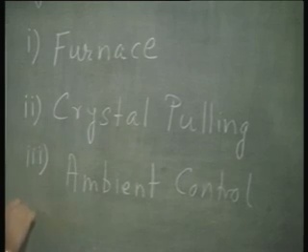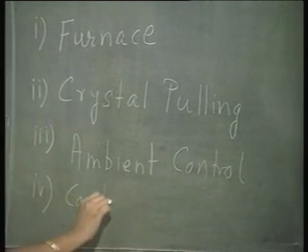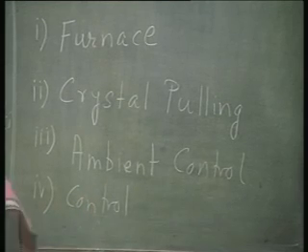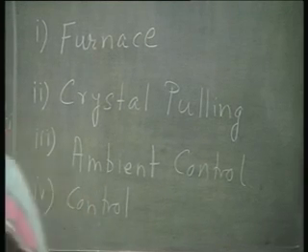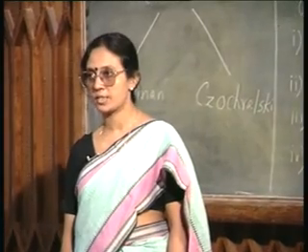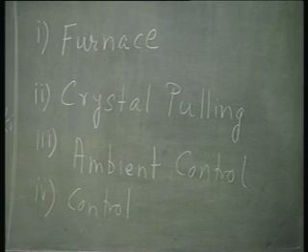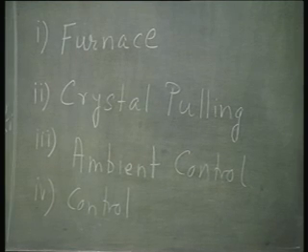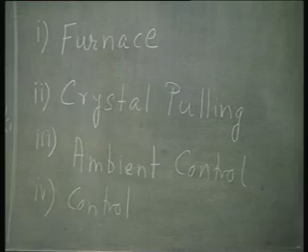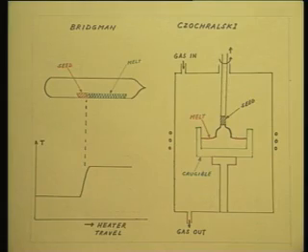And finally, we have the control systems. So, these are the 4 subsystems of a Czochralski crystal growth system: furnace, crystal pulling mechanism, ambient control and a control system. Now, let us take a look at the Czochralski crystal growth system.